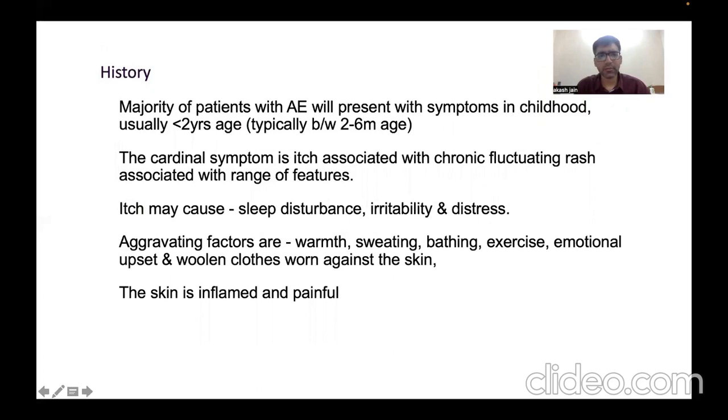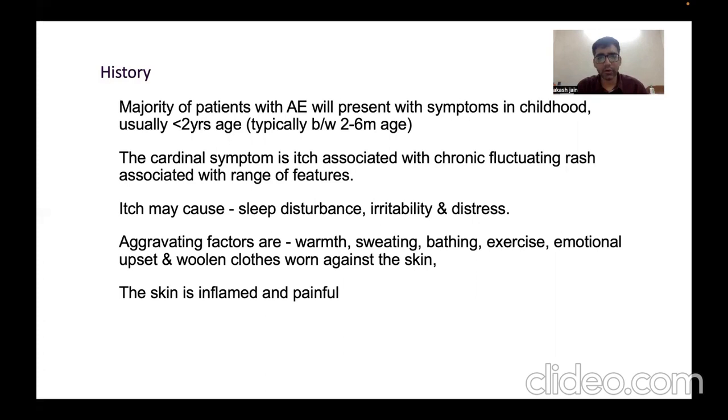Majority of patients with atopic eczema will present with symptoms in childhood, that is usually less than 2 years of age, typically between 2 to 6 months of age. So it is most common in the age group between 2 to 6 months of age. The cardinal symptom is itching associated with chronic fluctuating rash associated with a range of features. Thus itching may cause sleep disturbance, irritability, and distress in such children.